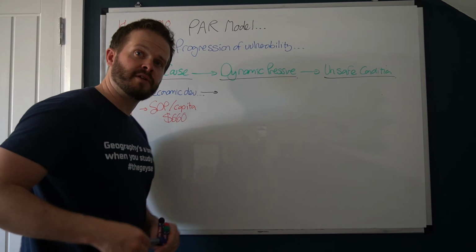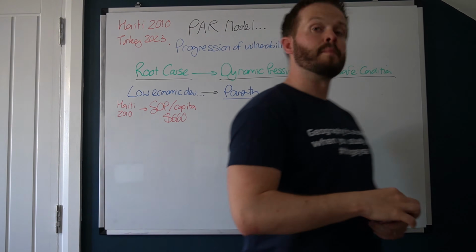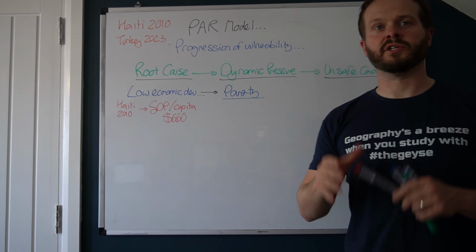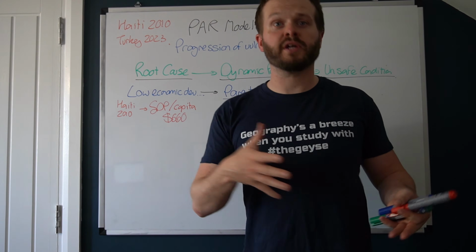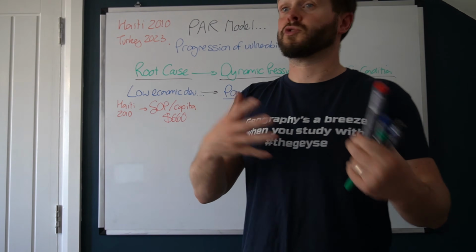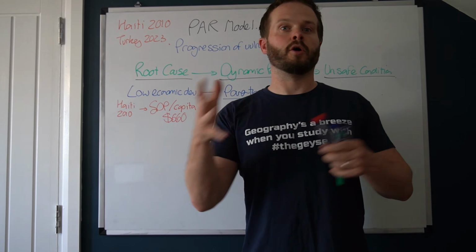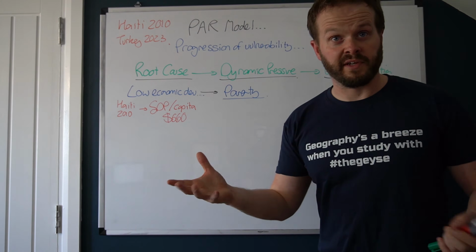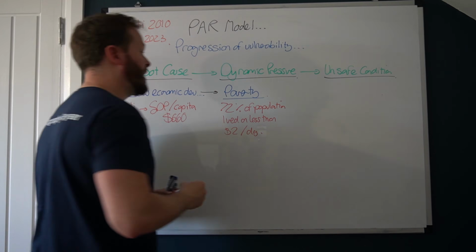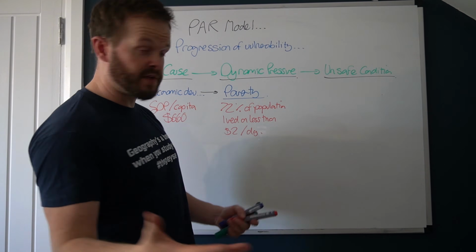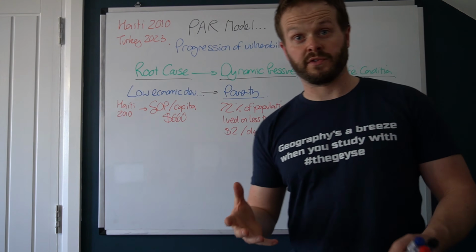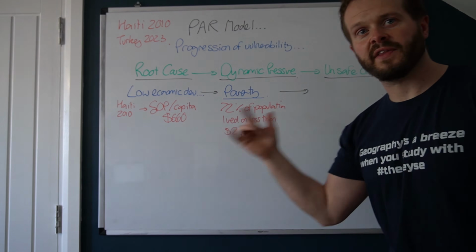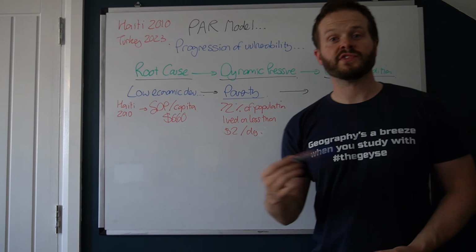The dynamic pressure that then leads to is poverty. A lot of the population live in poverty. Output is low, which means they are predominantly working in sectors that don't produce goods of high value. That probably means that they're not paid very well. So poverty. And the specific bit of AO1 that we can use here is that 72% of the population lived on less than $2 a day. So what, pray tell, does that then lead to in terms of an unsafe condition?